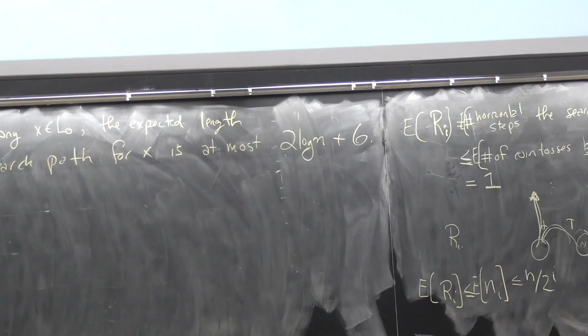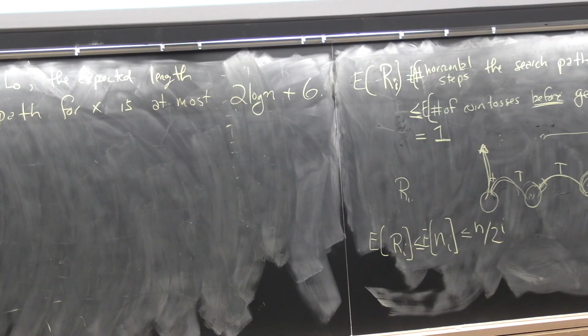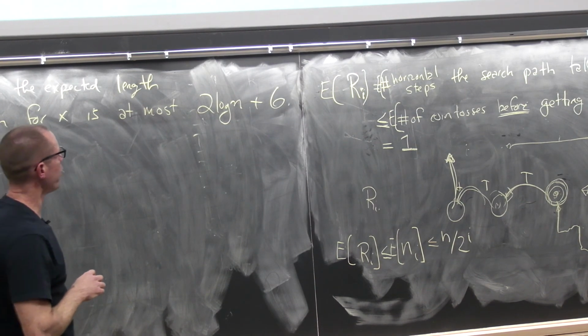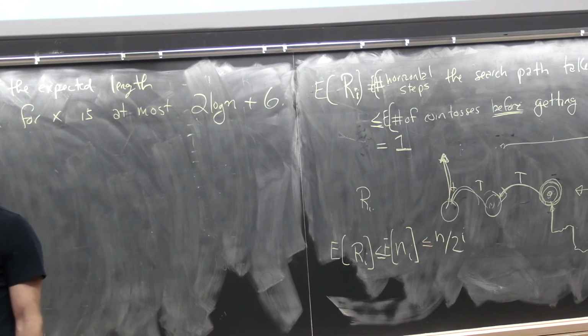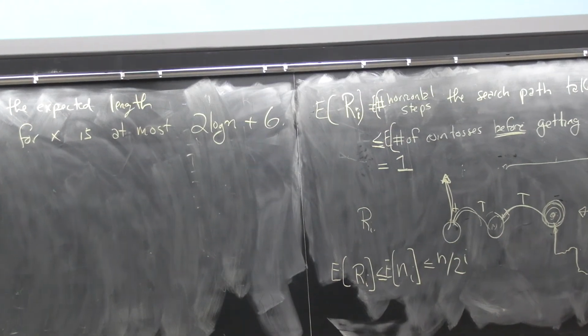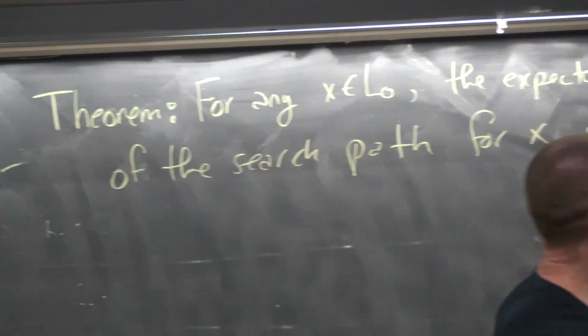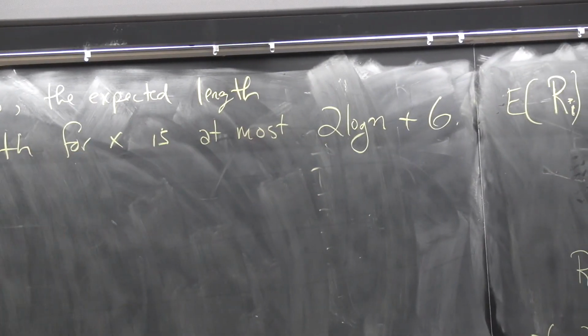Okay? So that means, for example, if you have a skip list with 1,000,000 elements in it, you expect to have to look through about 46 of them before you find the value you're looking for. Log of 1,000,000 is about 20, so this is 40. That makes 46.